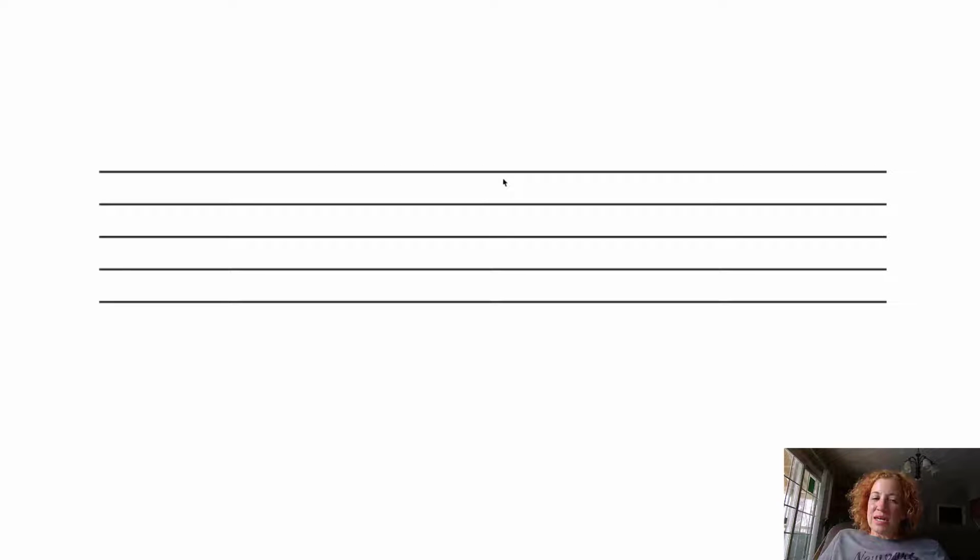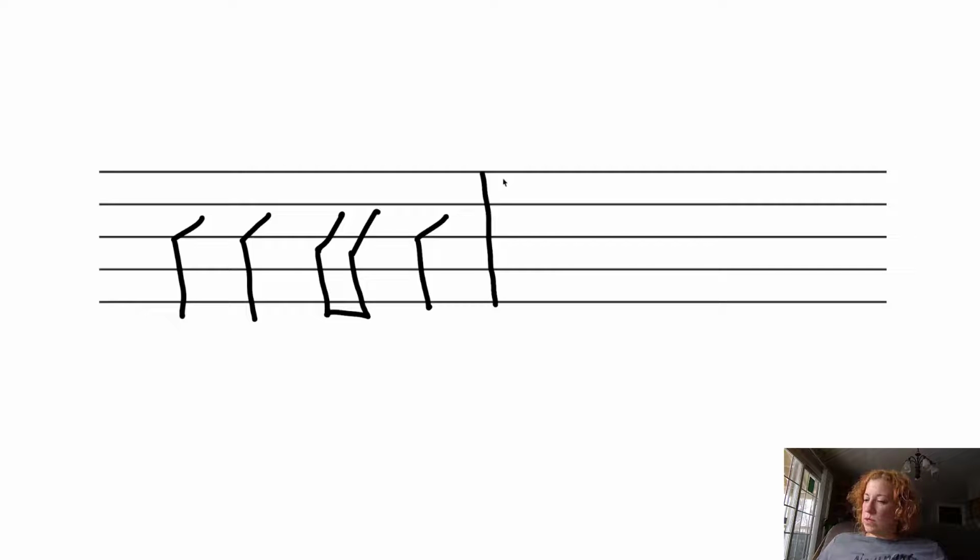So if I'm writing music and I write this rhythm versus this one, I have to put my ties in there before I forget. Those are the same rhythm.